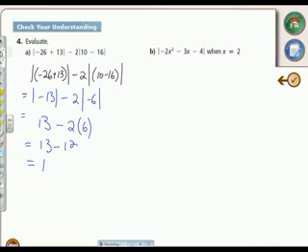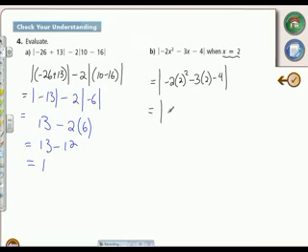Same thing here. We're being asked to substitute, though. So the absolute value of negative 2 times 2 squared minus 3 times 2 minus 4. Keep those absolute value signs until you use them up, and that's right at the very end.